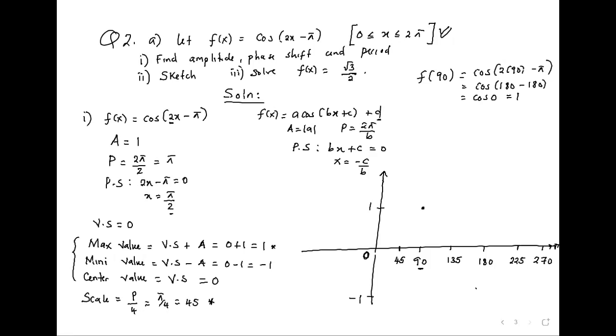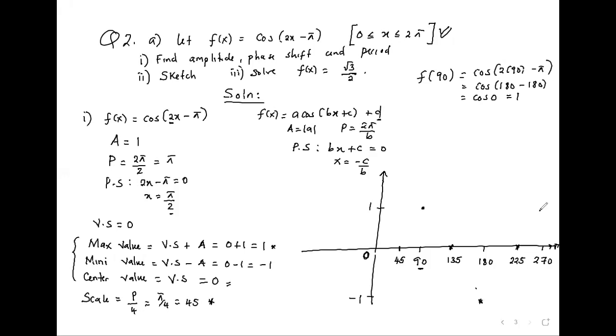Okay. And then, because 1 is the maximum, it means that we can't jump from 1 to -1. We have to pass through 0, which is the center number. So the next angle will be at 0. The next one will be at -1. Then it will be at 0.